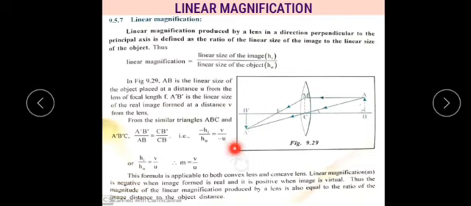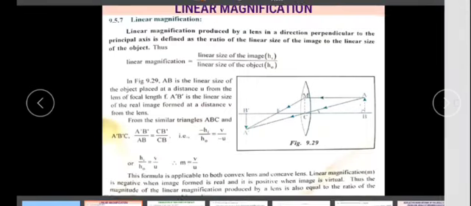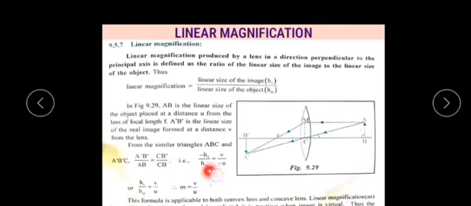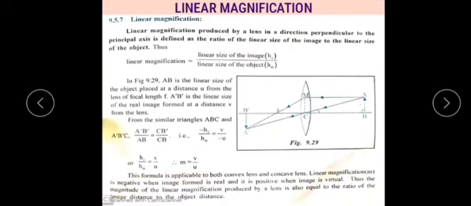That's why this is considered as minus u. Then, in our equation, negative and negative get cancelled, remaining hi by ho is equal to v divided by u. So the linear magnification of the lens is m equal to v divided by u.